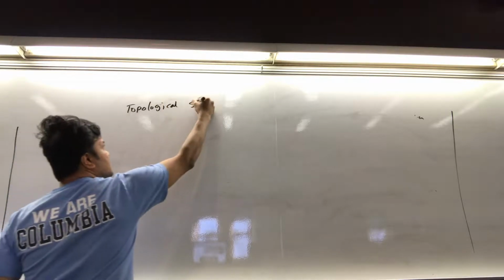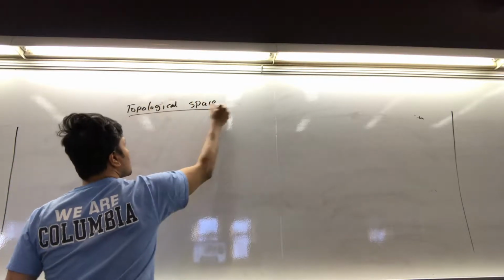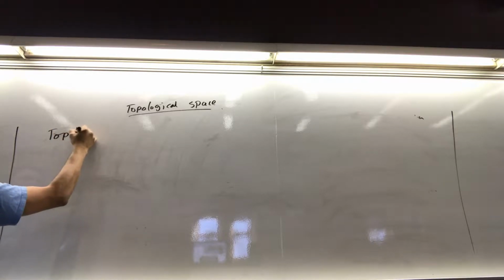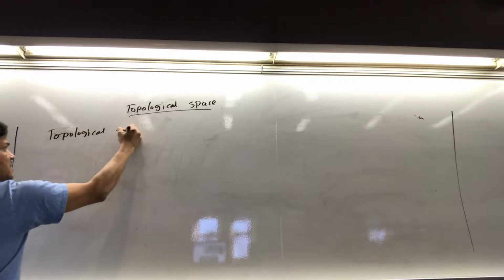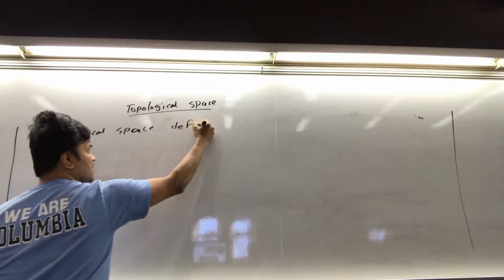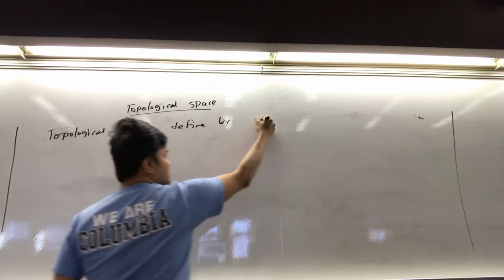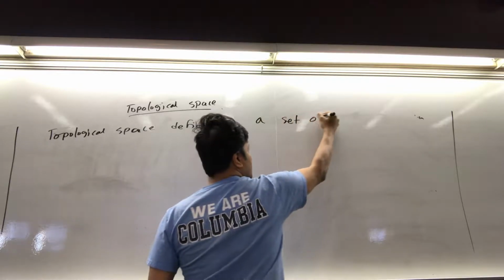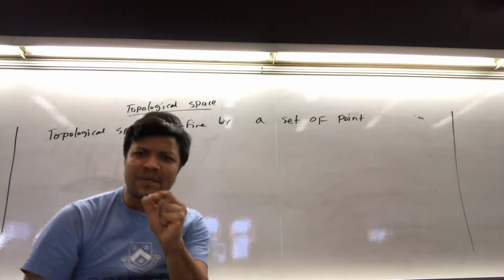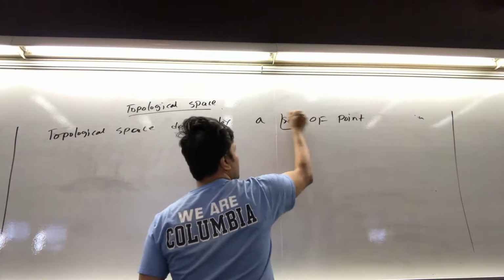Topological space is defined by a set of points. Let's call X a set.